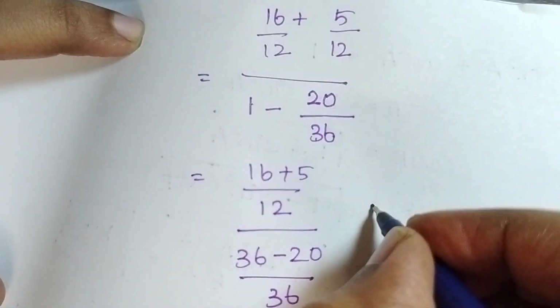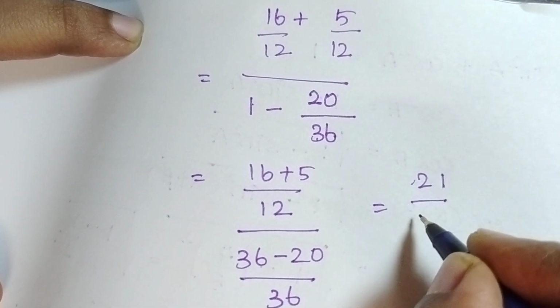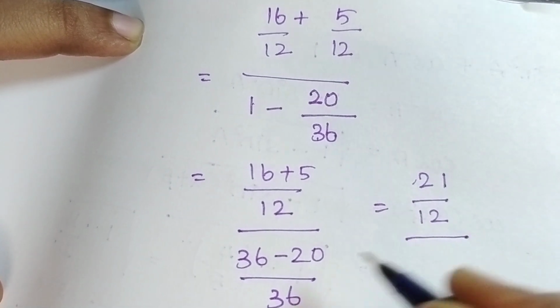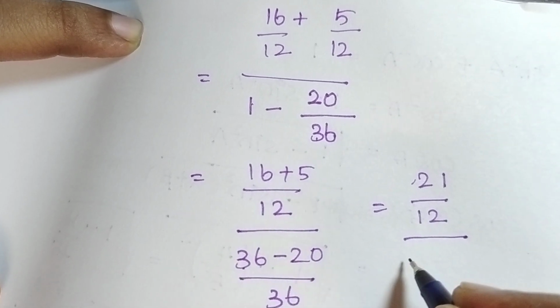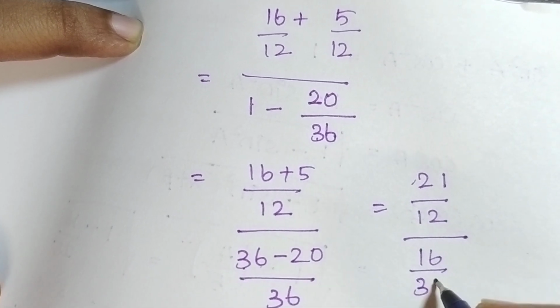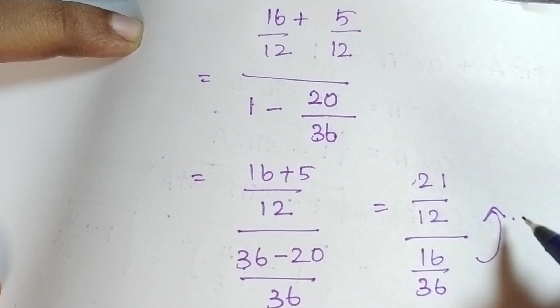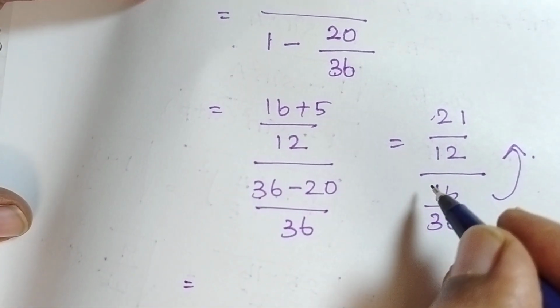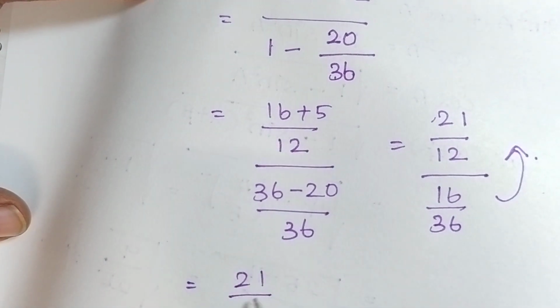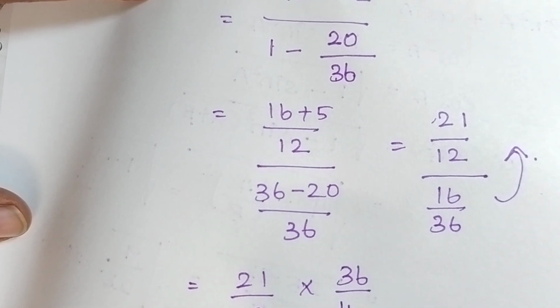If I add these two, 21 divided by 12, divided by, if I subtract 36 minus 20, that is 16 divided by 36. It will move up, then the denominator term gets reciprocal, therefore 21 divided by 12 into 36 divided by 16.